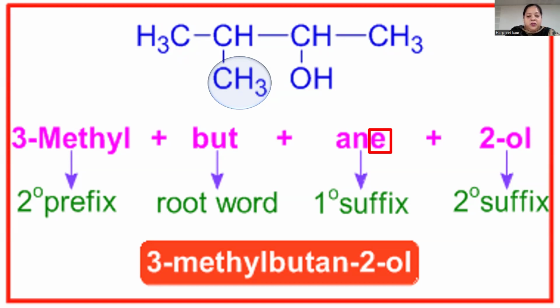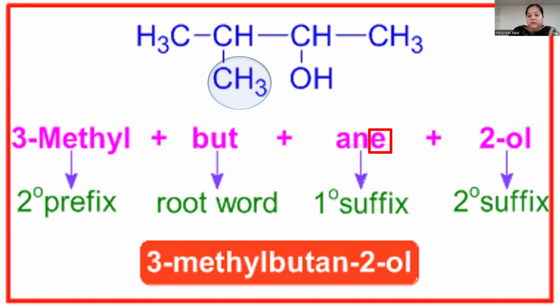As the last letter of ane is E, and the first letter of ol is O, and when two vowels come together, one of the vowels is to be omitted. So this grammatical mistake is to be taken care of while writing the organic naming. It is ane plus ol. This E is to be omitted, and in 3-methylbutan-2-ol, butan is to be written without E. It is never with E.